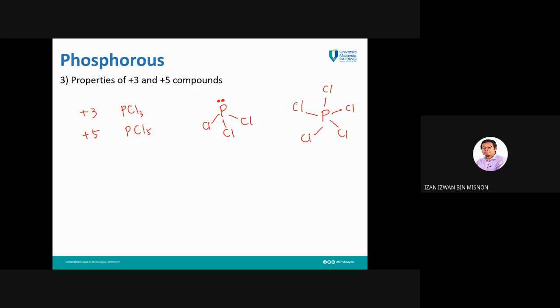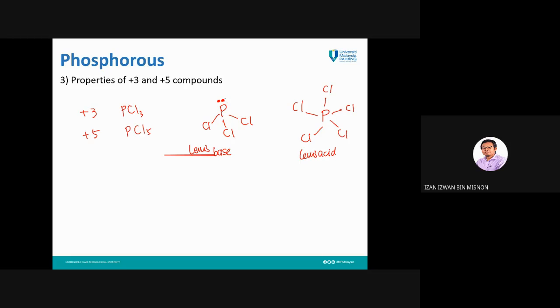In this case, the reactions of PCl3 and PCl5 will be different, since for PCl3 there are 2 lone pair electrons, and this one can react as a base, and this one will be an acid. So this will be a Lewis base, and this one will be a Lewis acid.